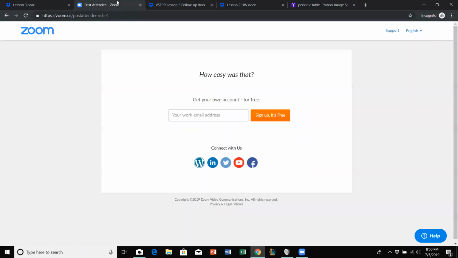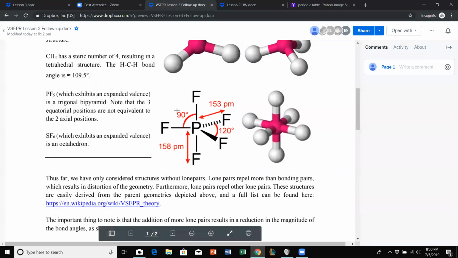Okay, so with that out of the way, this is what we call a trigonal bipyramidal structure. You can see we have a triangle, and then you can form a pyramid, and then there's 2 sides, so it's a trigonal bipyramidal. What's interesting about this structure is that we have different positions.